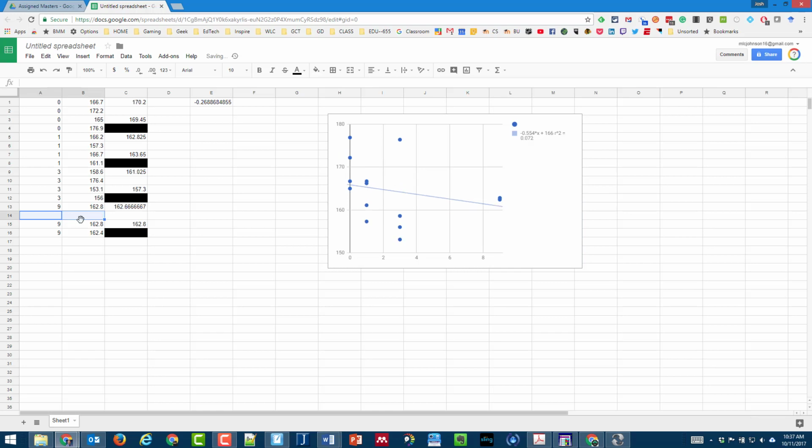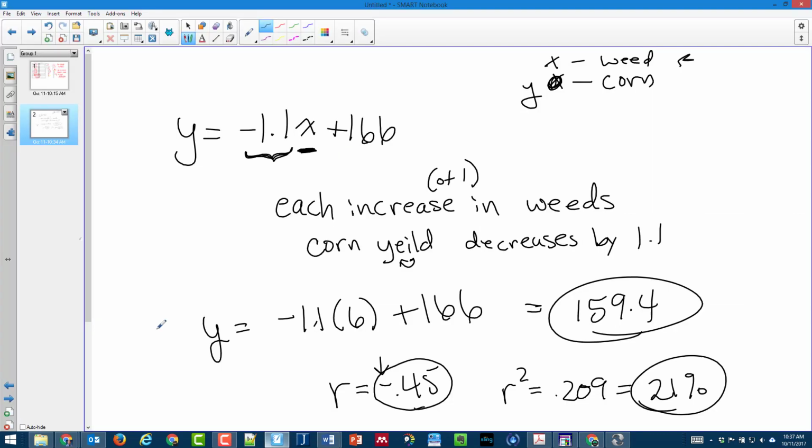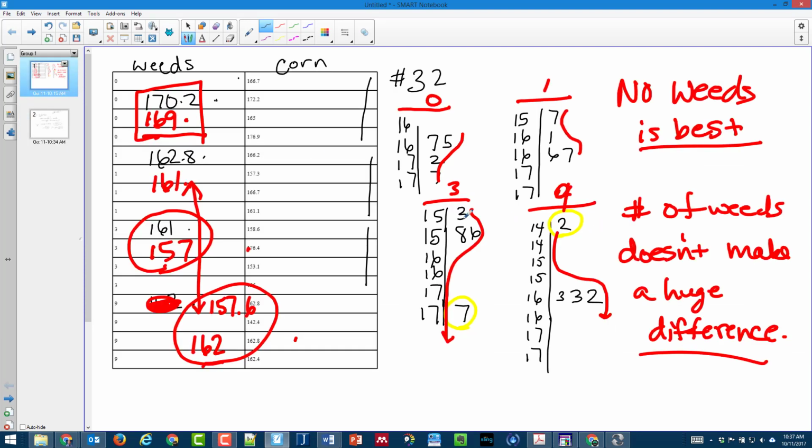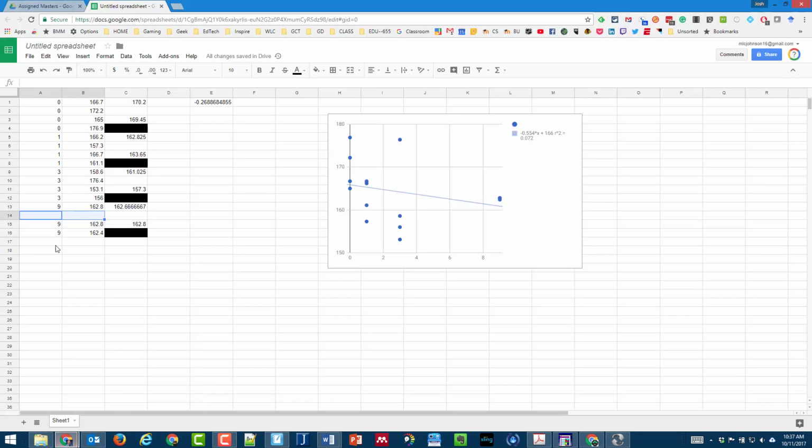I'm going to take that out of here. There was another one that I looked at in the previous ones that we thought could be an outlier, and let's just take it out and see what happens. The 177. So where was the 177 in my graph? I think it's this one right here.